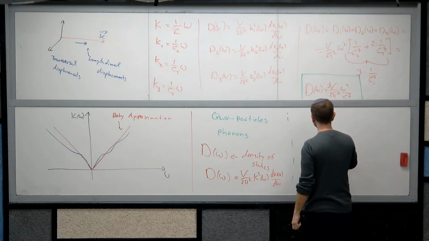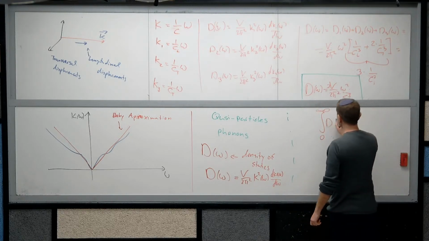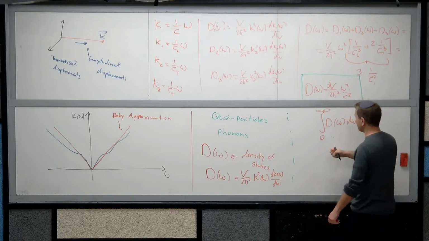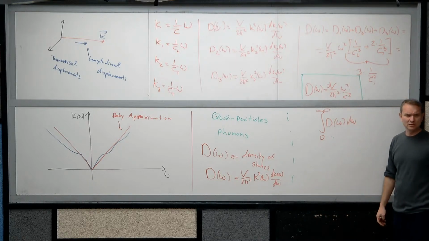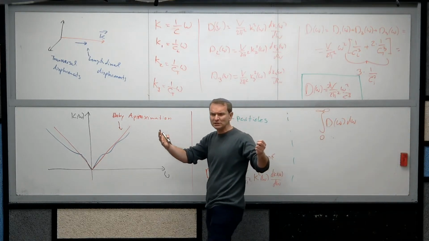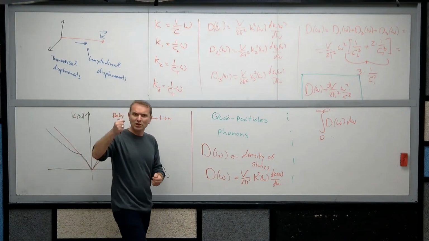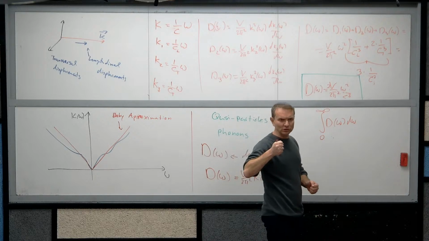So if we integrate from 0 to infinity D of omega, so we count all the possible frequencies omega that we have inside the system, it is the total number of states. What is the total number of states? The number of phonons that we have inside the system, because remember, each omega represents a phonon.